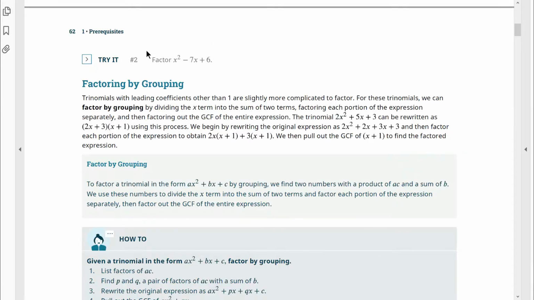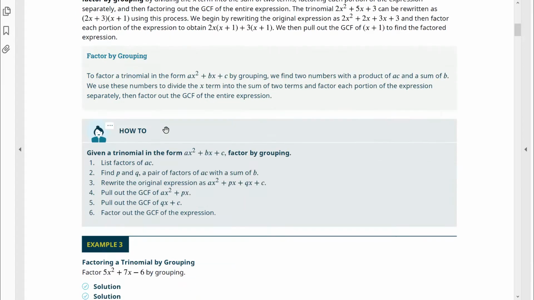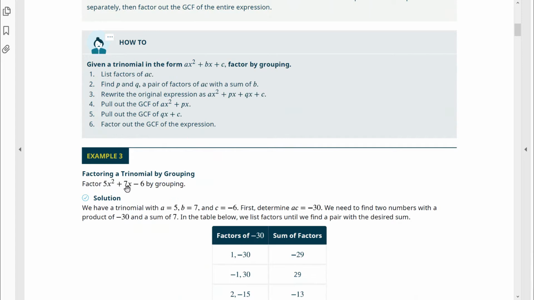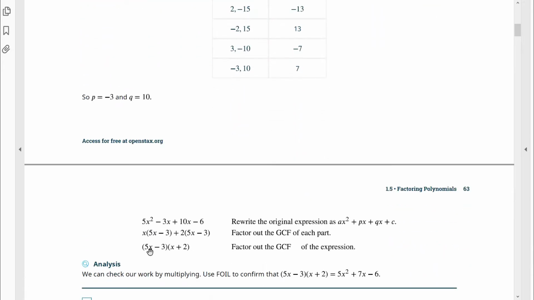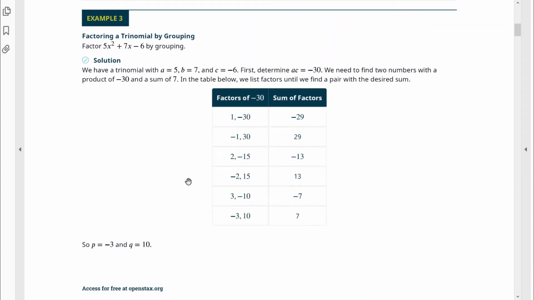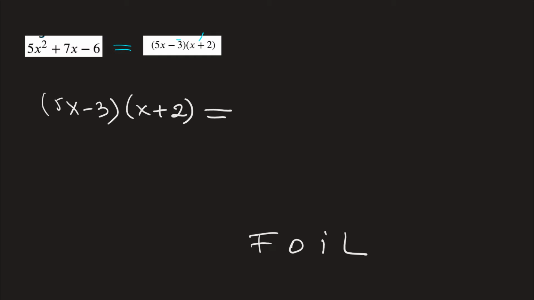Let's check that. On page 62, the book shows how to factor this trinomial 5x squared plus 7x minus 6 and gets this answer: 5x minus 3 times x plus 2. Let's check that. Let's check if this factorization is true using the FOIL method. That this, when you multiply, gives that.